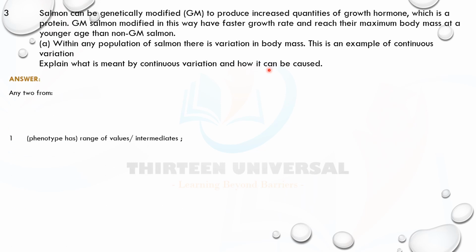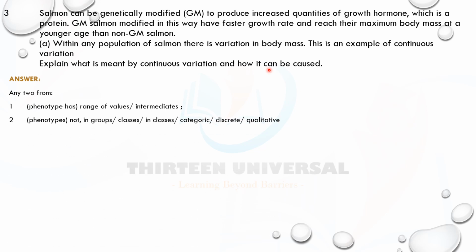Look at it in order. Any phenotype has a range of values. Please memorize this. I don't mean cram it, but in biology you have to remember this. Phenotypes are not in groups. Phenotypes are quantitative, with normal distribution.